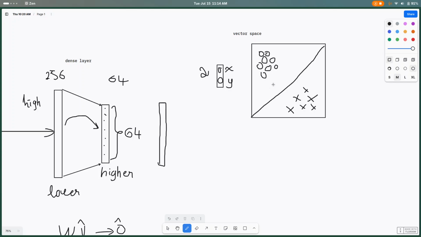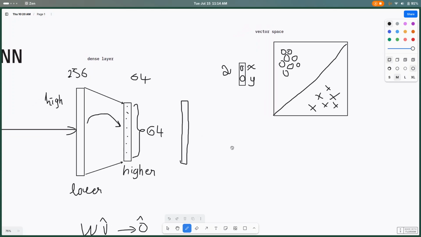The model learned to push all of those points closer together if they are closer in meaning. Alright, so that is embedding space. So embedding basically means a space where points that have similar meaning stay close together.